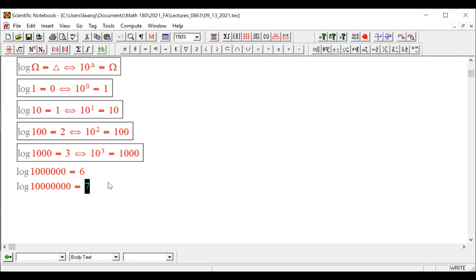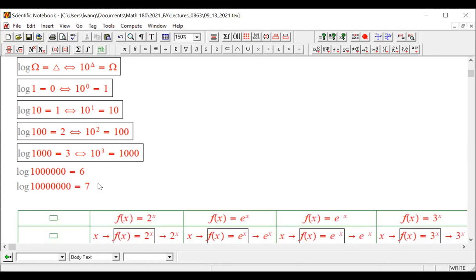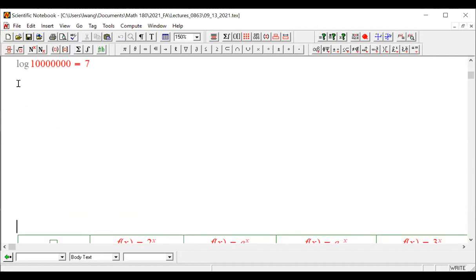Next, we're going to work more on base 2. As we work more on base 2, I want you guys to practice logarithm. Next, I'm going to make a table because we're going to figure out this function, log base 2 of x.